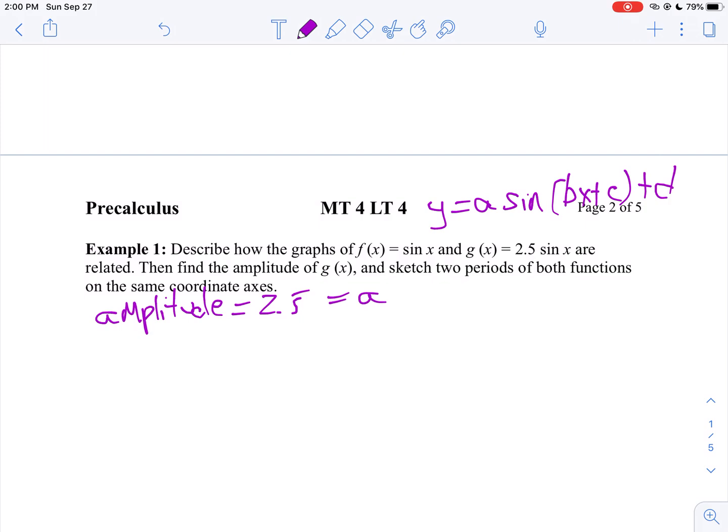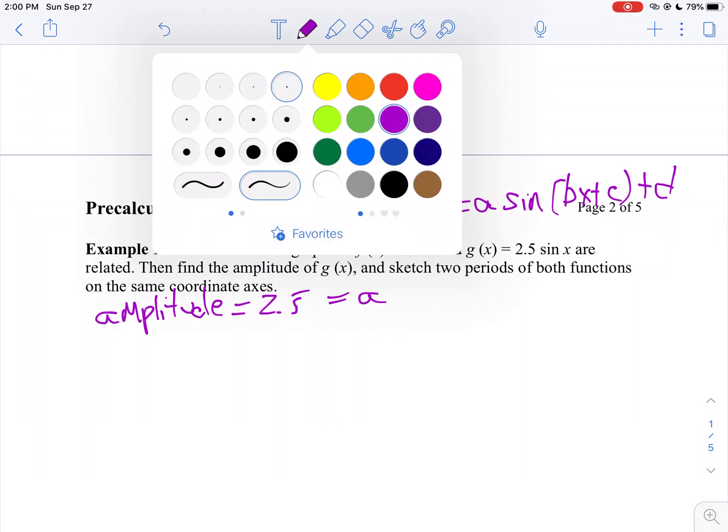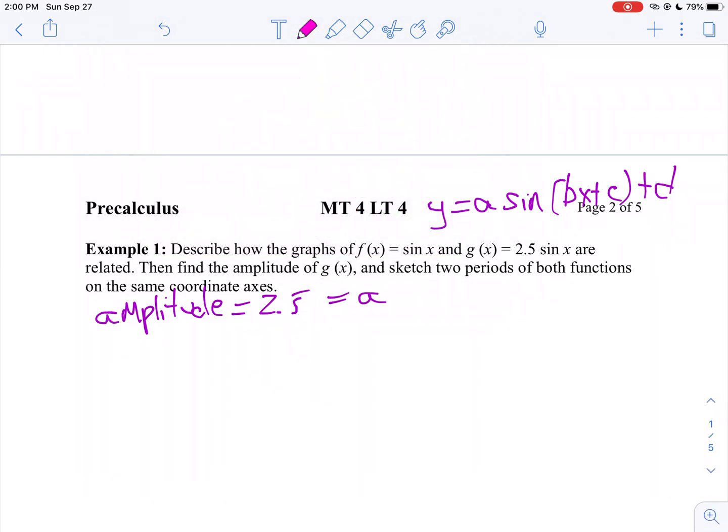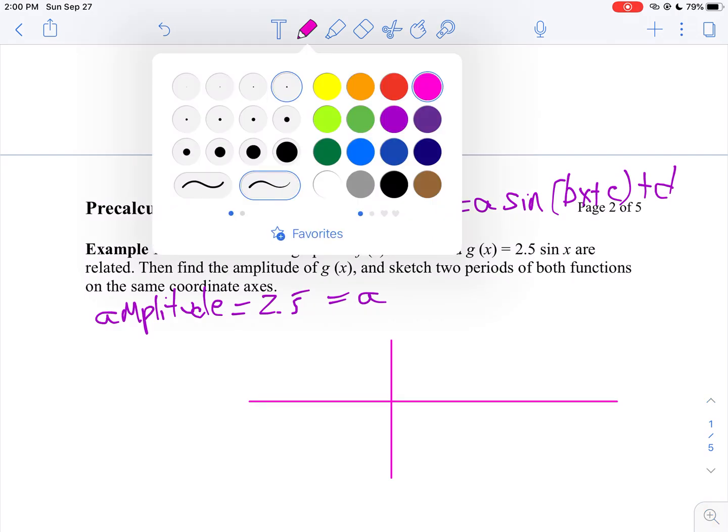So now we're just going to graph this function like you did in Algebra 1. I know my graph goes from negative 2 pi to positive 2 pi. So usually we count by pi over 2.